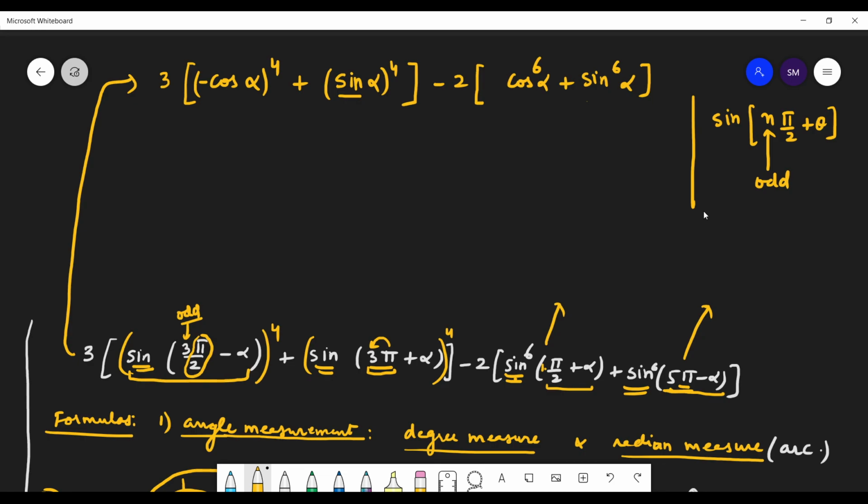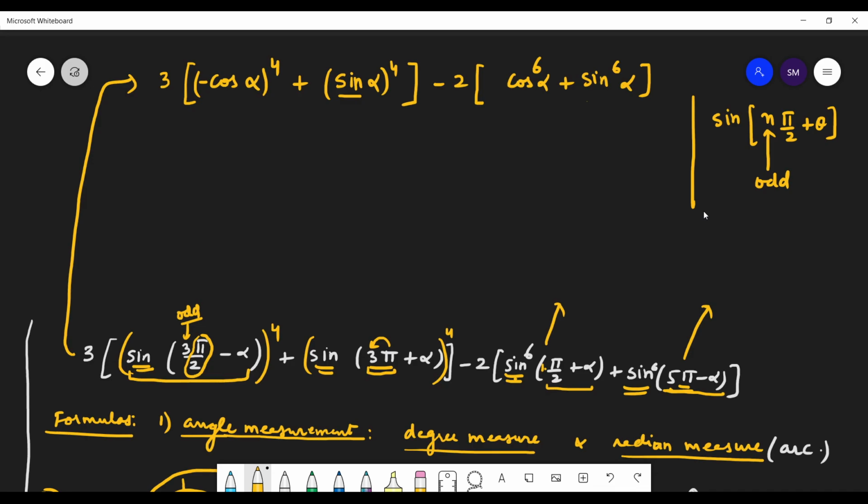And here also this is cos square alpha, a plus b. So a cube plus b cube is a plus b whole cube minus 3ab into a plus b.